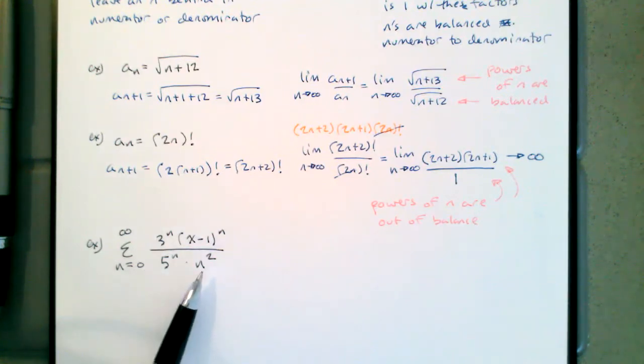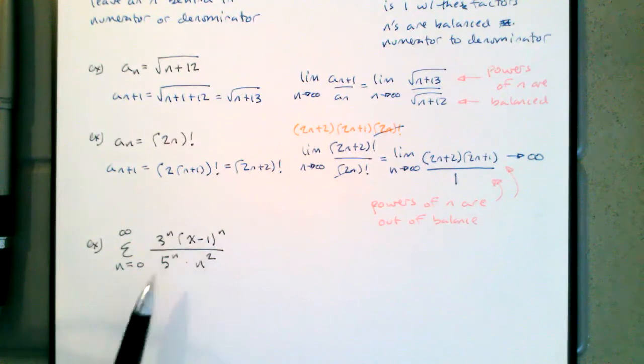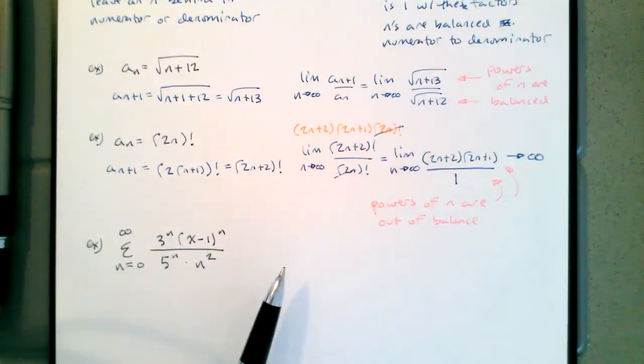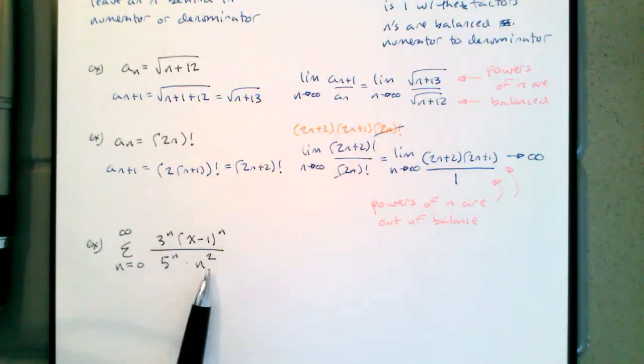This n squared is in the denominator. So on one end of the interval of convergence, my power series will look like minus 1 to the n over n squared, which converges. And on the other end, the power series will look like 1 over n squared, which also converges. So both endpoints are included.